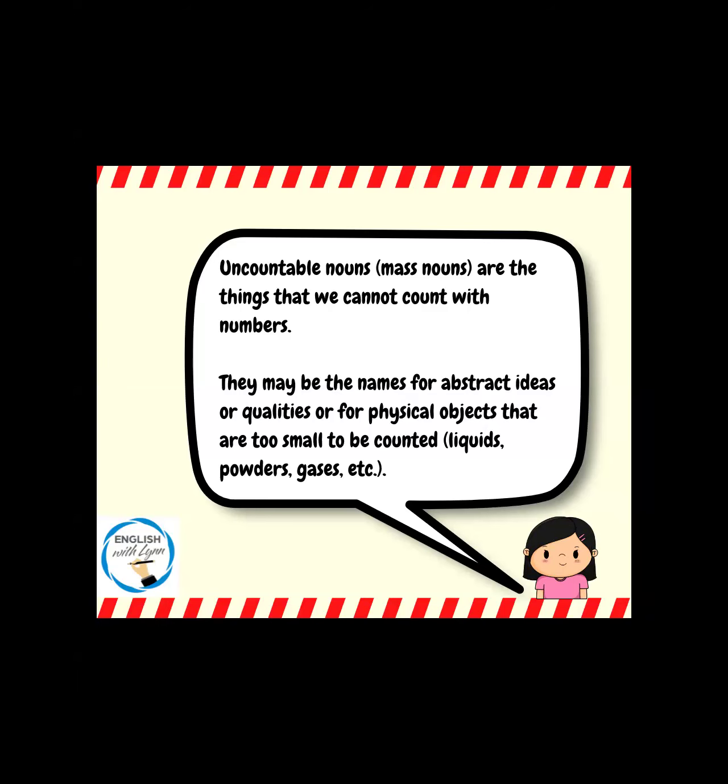As well as the abstract ideas, we also use the uncountable for those items that are made up of little bits. So things like cereal, where it's made up of tiny little grains, you wouldn't say one, two, three of it. You would just say some cereal.